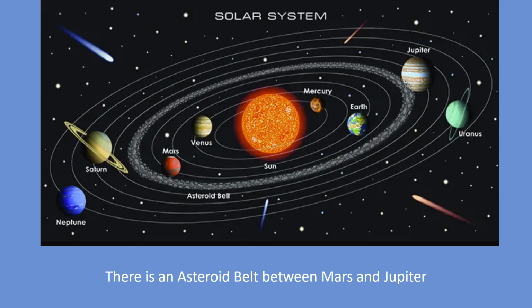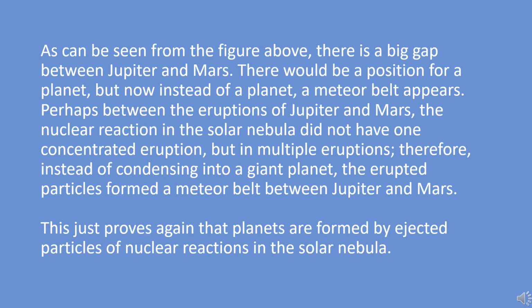There is an asteroid belt between Mars and Jupiter. As can be seen from the figure above, there is a big gap between Jupiter and Mars. There would be a position for a planet, but now instead of a planet, a meteor belt appears.